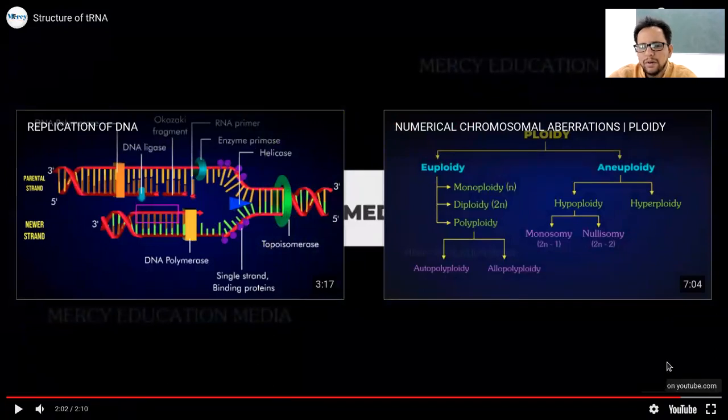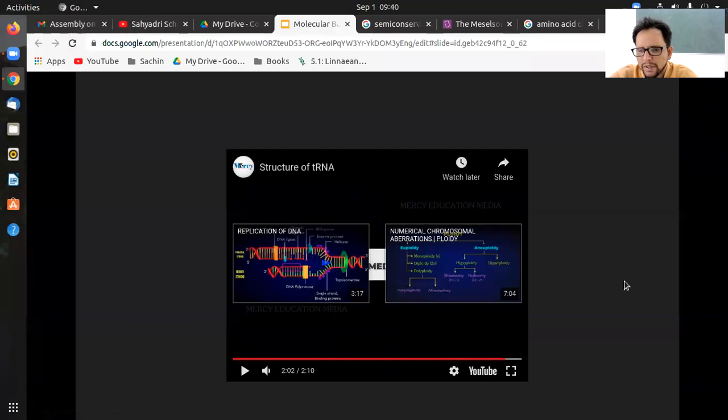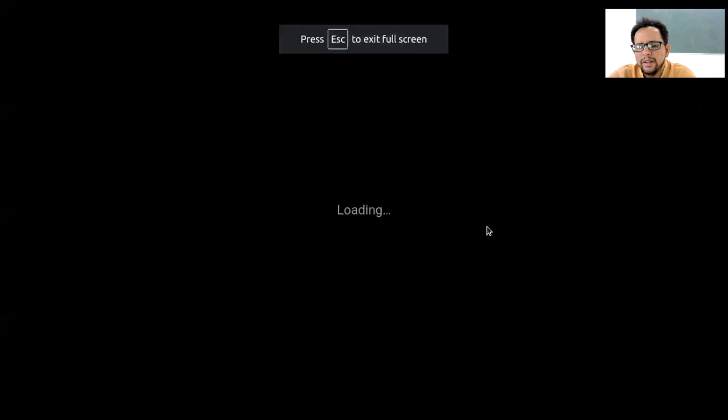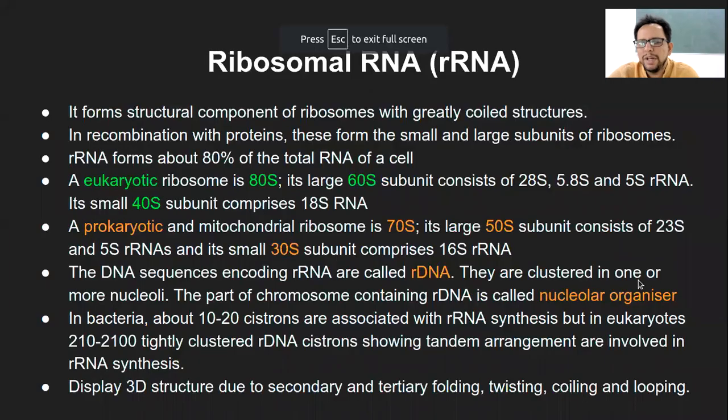Okay, I guess this is a good revision. I will also post one more video related to this, on the structure of tRNA, which has an even more detailed description, specifically related to the variable arm and so on.